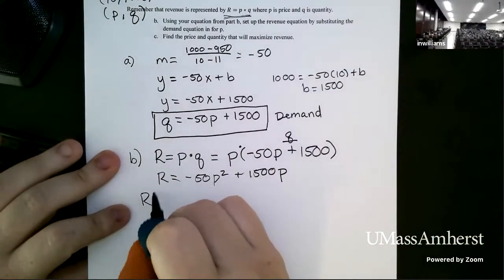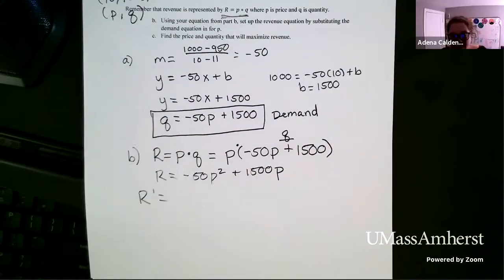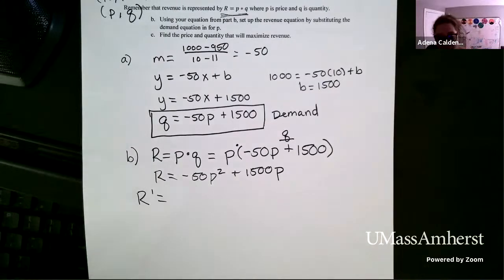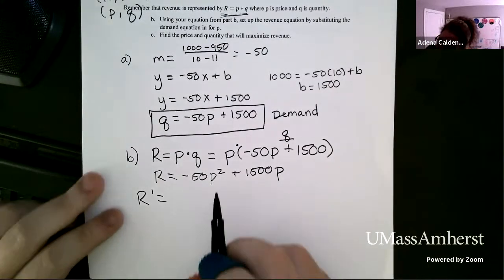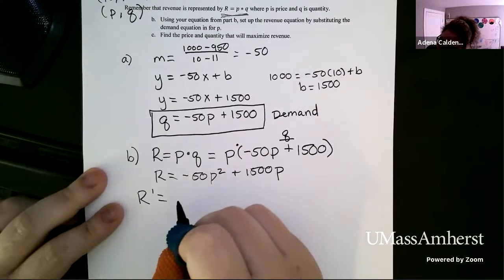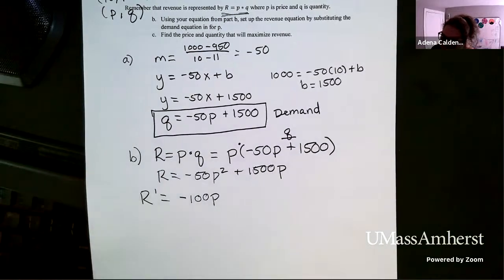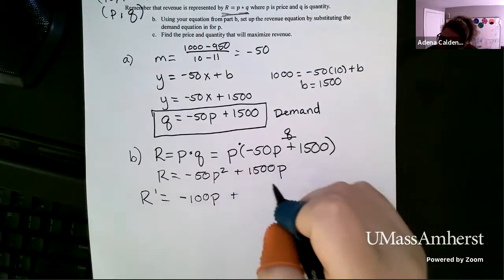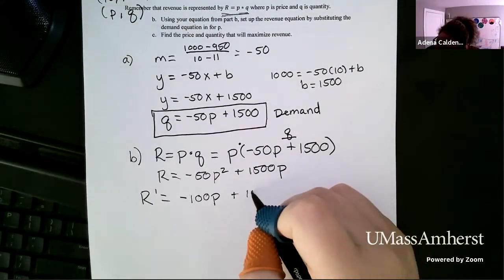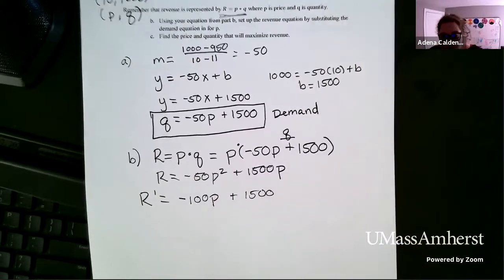So our next step now is to find the first derivative of this function so that we can find any critical points. So here the 2 comes down to multiply the 50, and I get negative 100p plus the derivative of 1500p, which is 1500.